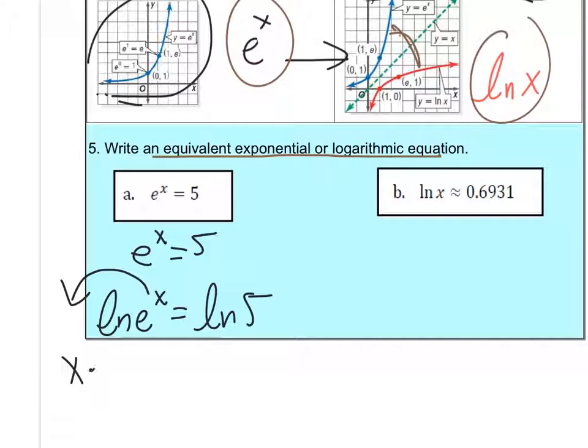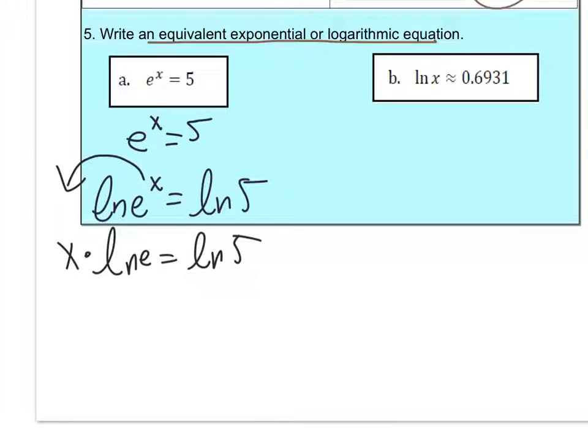So I'm going to have x times log base e equals log base e of 5. Now remember something. This is going to be 1. Log and e cancel each other out and you get 1. So x is going to be equal to the log of 5, which is going to be 1.6094.